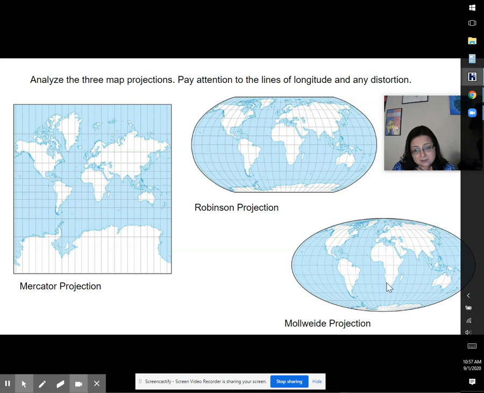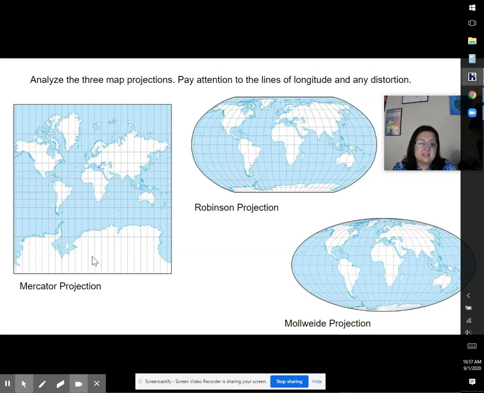Then I started following the lines. I feel that because it's closer to the equator, it's a little bit easier to make it into a flat surface. And we saw a lot of distortion over here at the poles, at the North Pole and at the South Pole.